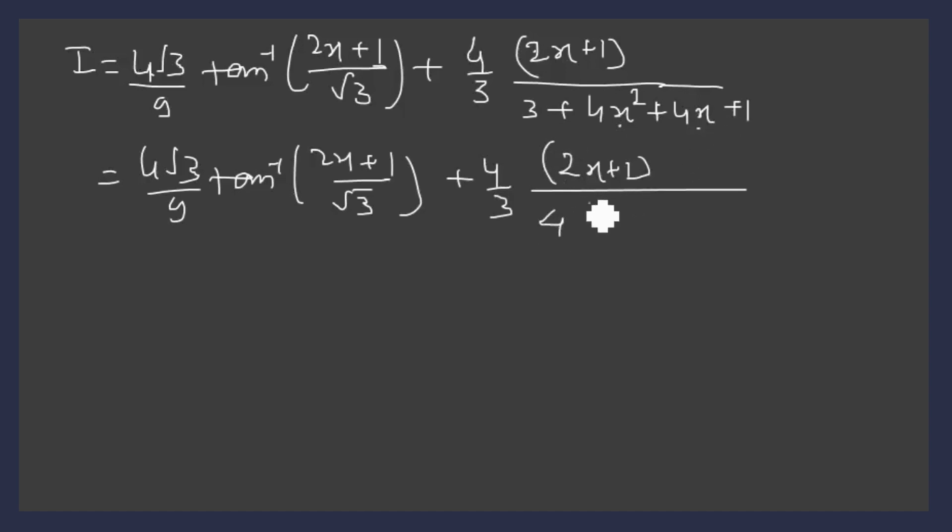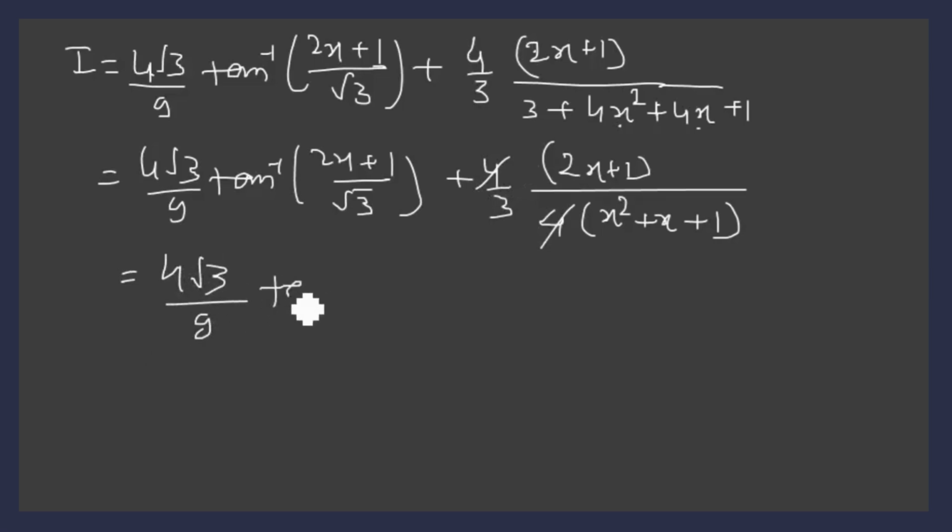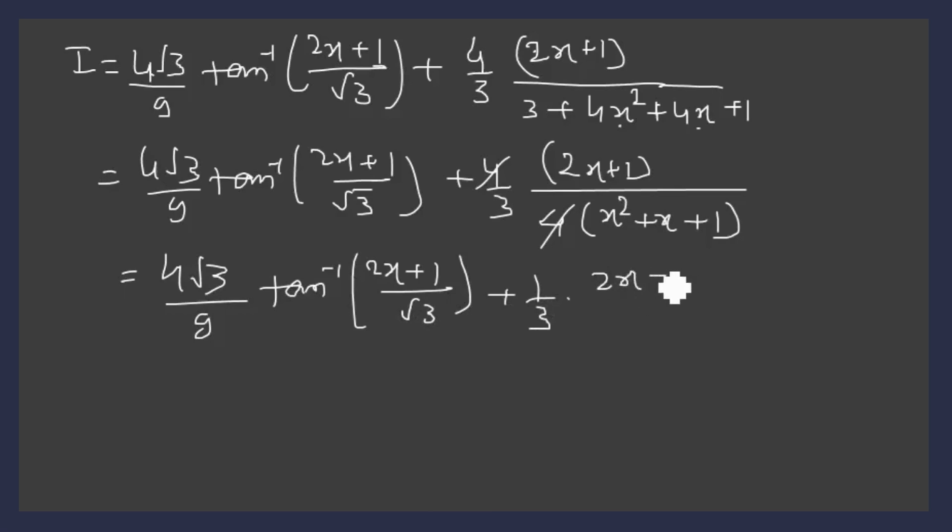Taking 4 common, we get x square plus x plus 1, and 4 and 4 get cancelled. So this is 4 root 3 by 9 tan inverse 2x plus 1 by root 3, plus 1 by 3 into 2x plus 1 divided by x square plus x plus 1.